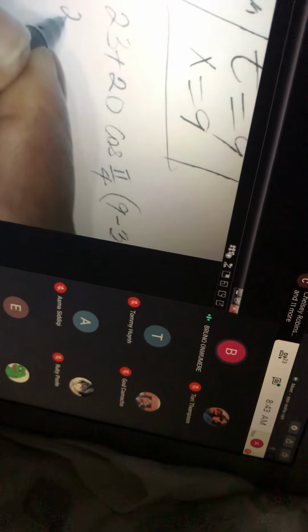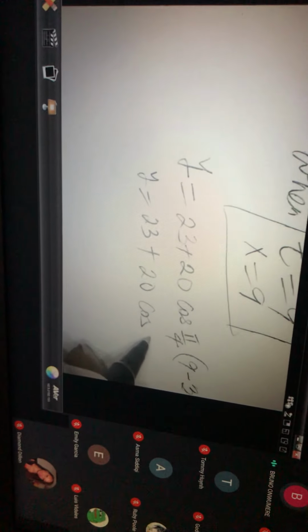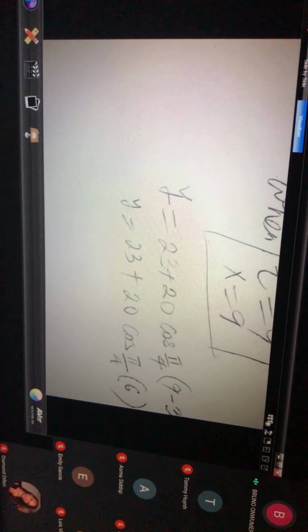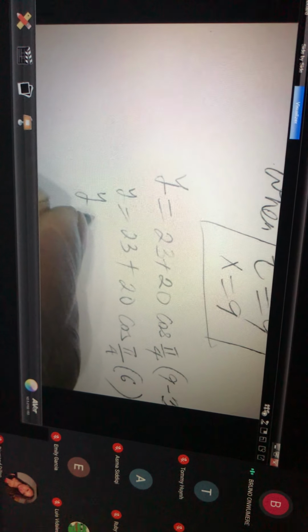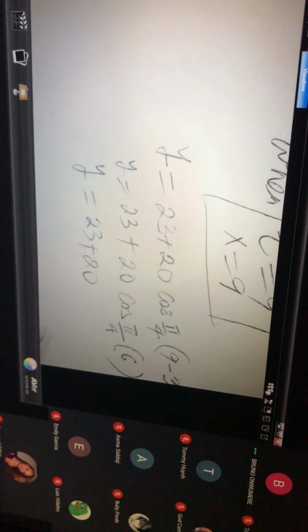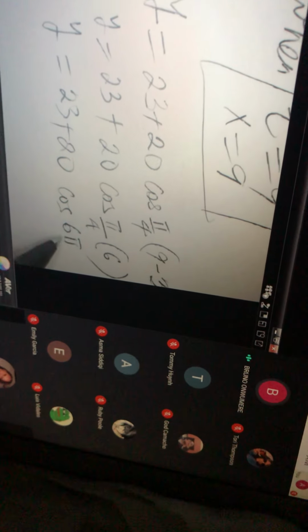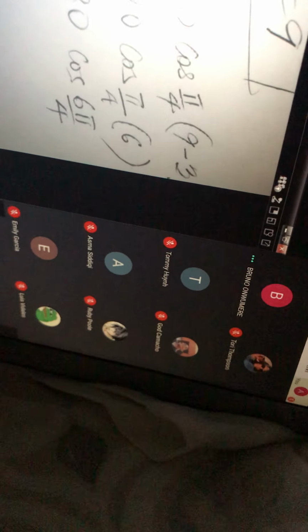Y is equal to, everybody watch, 23 plus 20 cosine of pi over 4 times 6. See how I got 6? This is y is equal to 23 plus 20 cosine of 6 pi over 4, because 6 times pi is 6 pi.